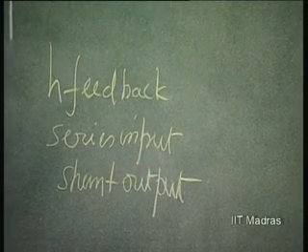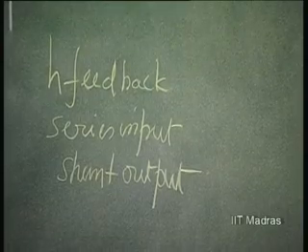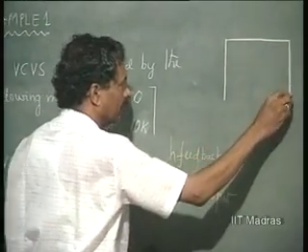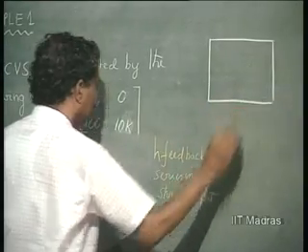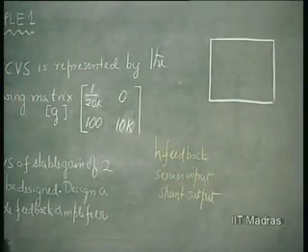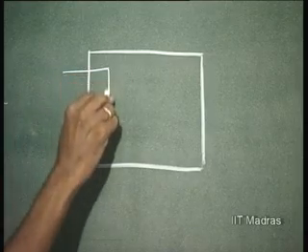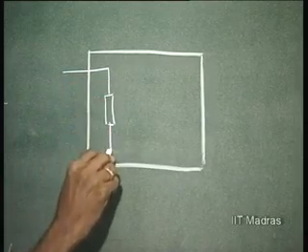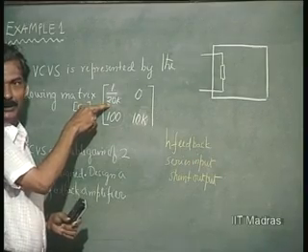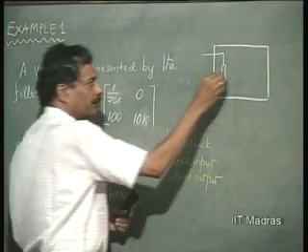Which means, let us consider that this is my amplifier. I am going to put it down in terms of the actual equivalent circuit now. 20 k is the input resistance.